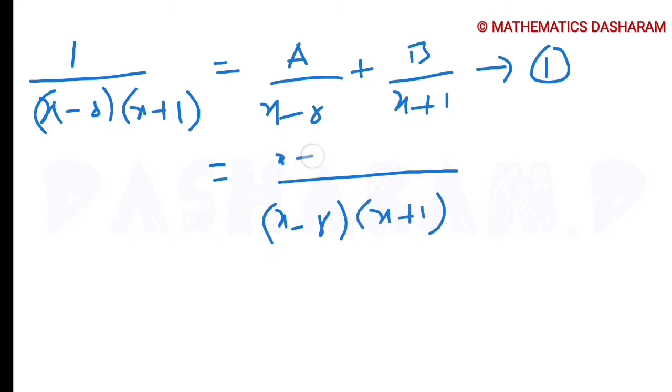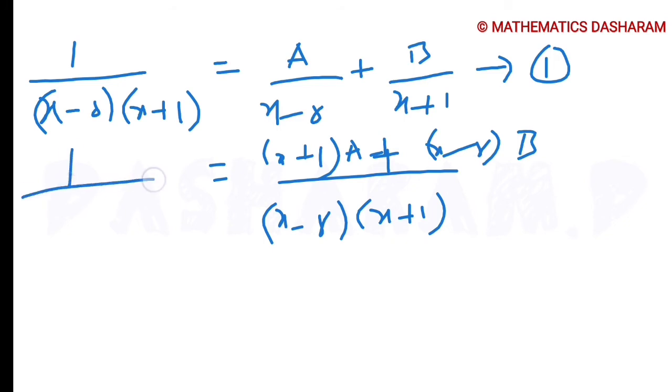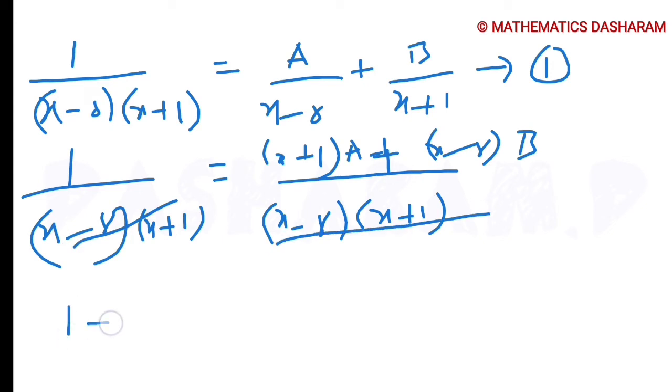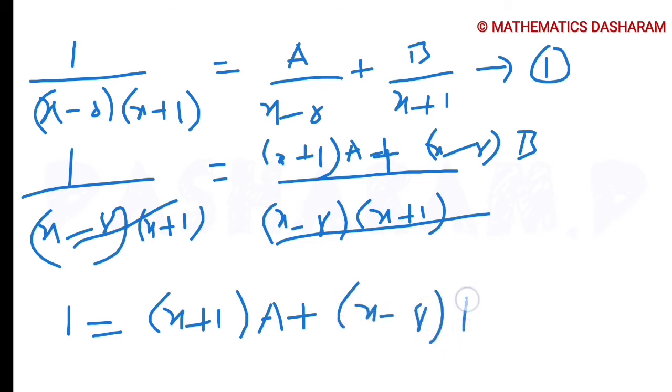So x plus 1 into a plus x minus 8 into b, and here the left side is 1 by (x minus 8) into (x plus 1). So denominators are cancelled, then 1 equals x plus 1 into a plus x minus 8 into b. Let's find out a and b by using the suppression method.